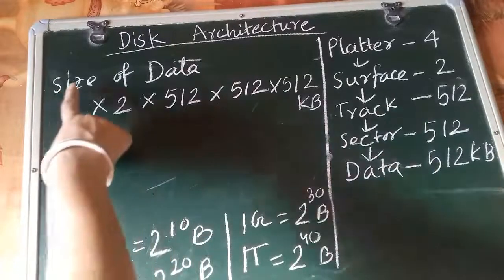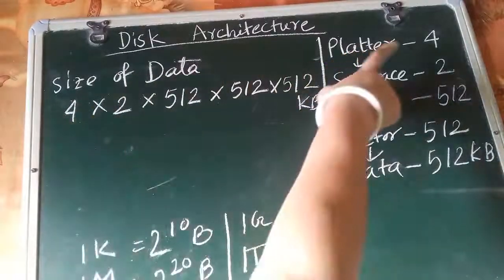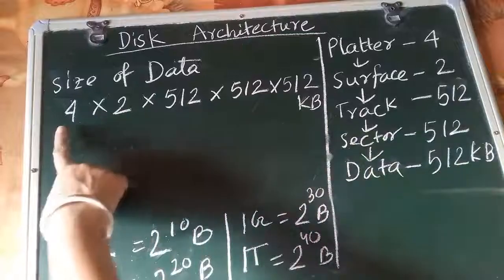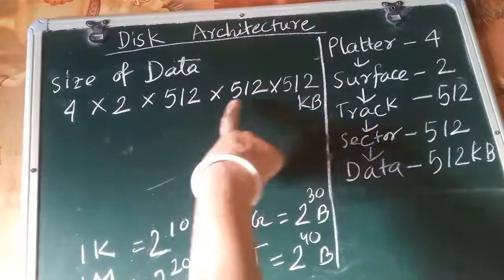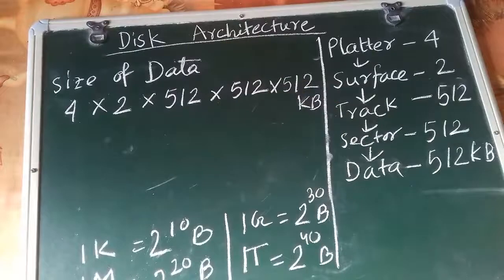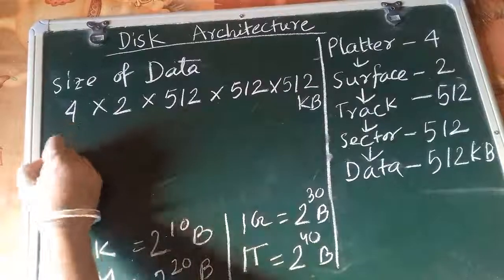If you want to find the size of the data, it is calculated by multiplying all those things: how many platters, how many surfaces per platter, how many tracks, how many sectors, data per sector. Usually we represent all those things as powers of 2.